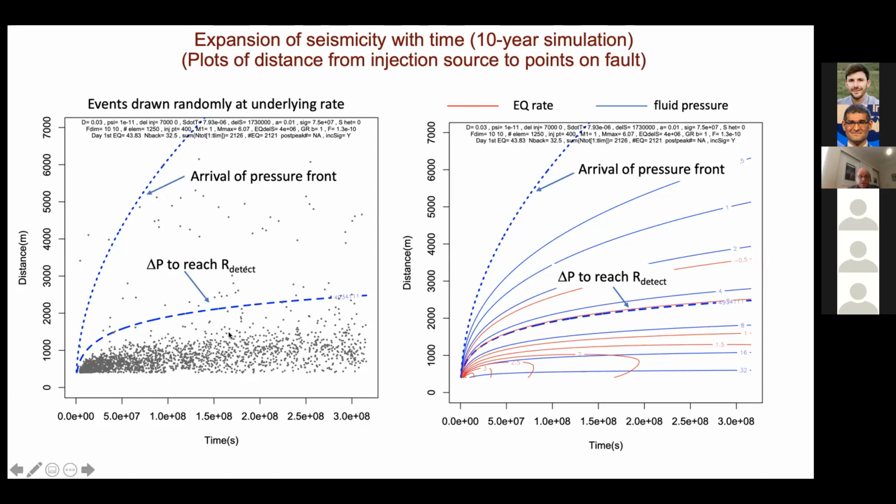Now, this is a model result, and it's based on this, which shows contours of pressure change in blue and seismicity rate in red. To generate this synthetic catalog, I randomly drew events at different locations on the fault at their underlying rate. So we can generate a synthetic catalog in that way.